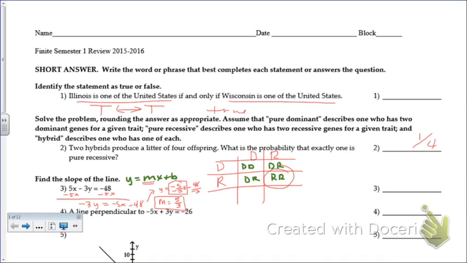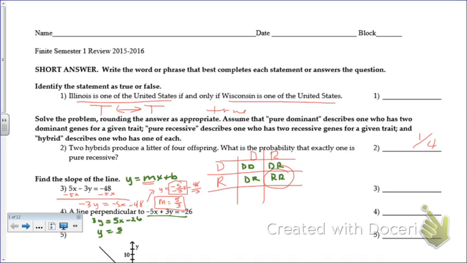Number 4, a line that's perpendicular to the equation. First we want to find the slope of the given line. So we're going to do the same thing that we did in problem 3. Put it in slope-intercept form and find the slope. I'm going to add 5x to both sides, so that gives me 3y is equal to 5x minus 26, and I'm going to divide by 3.